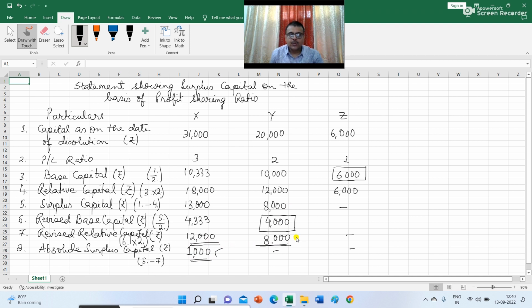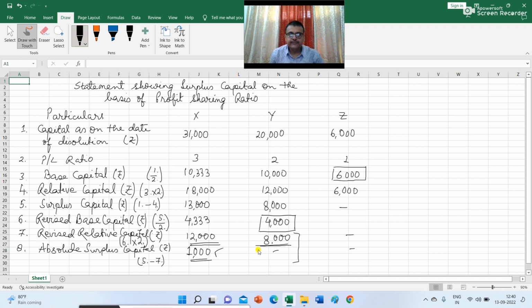So first 21,000 will be distributed among partner X and Y in 13,000 and 8,000. So 1,000 will be distributed to X first, which is the absolute surplus capital. Next, 12,000 and 8,000, that is 20,000, will be distributed to partner X and Y in the ratio of 3:2.